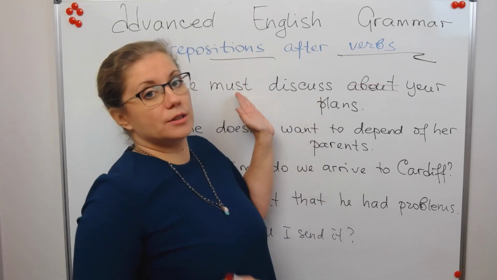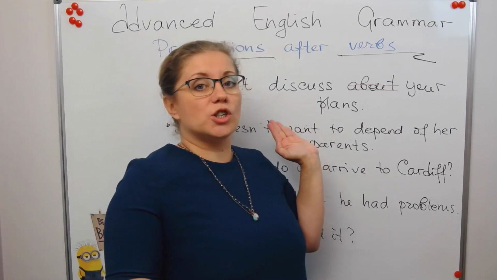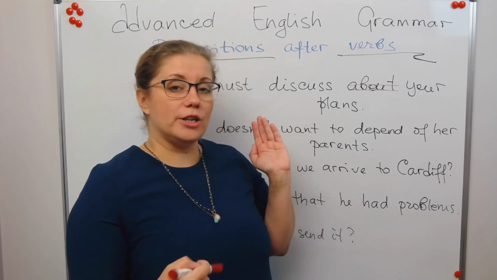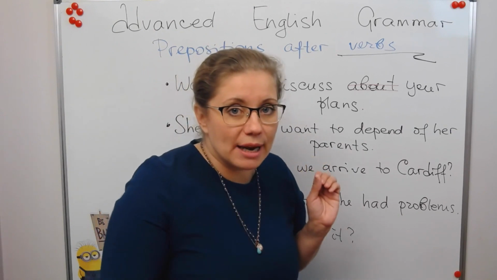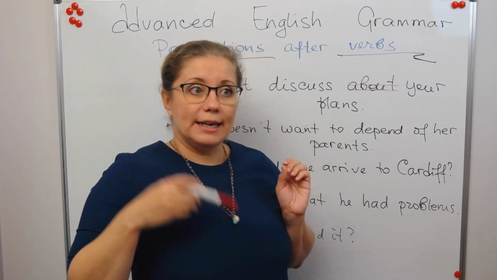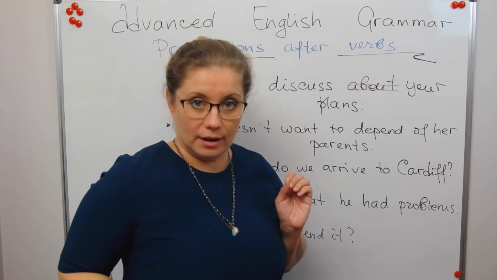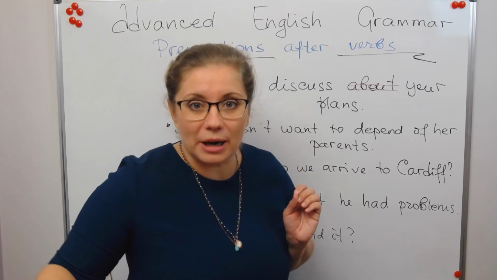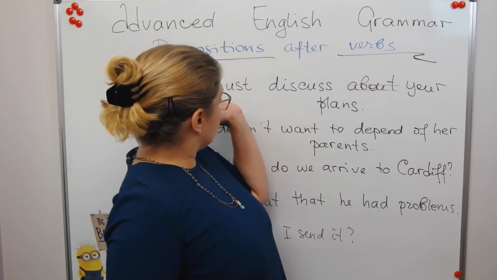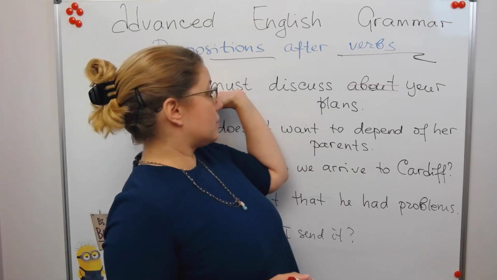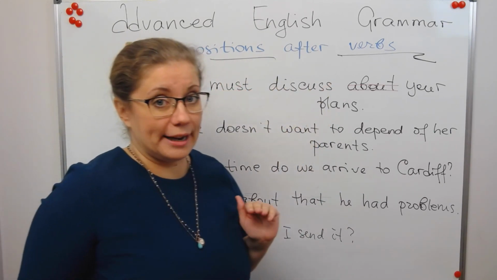So look at this sentence, translate it into your own language, translate it back to English if necessary. Remember this verb discuss and learn it as a pattern. Discuss something, okay? Discuss something with somebody, for example, yeah? And remember this correct sentence, we must discuss your plans.